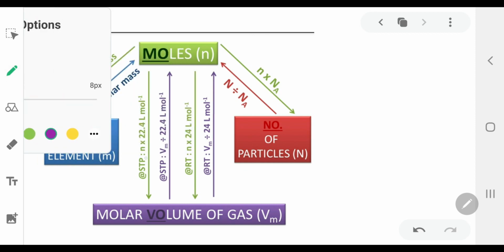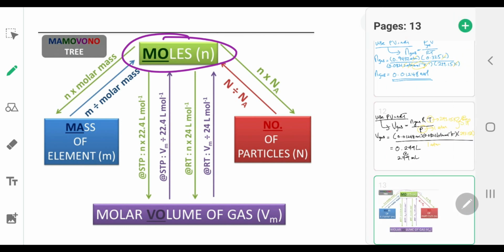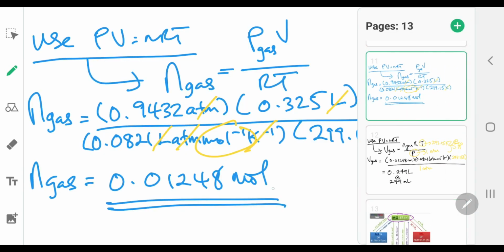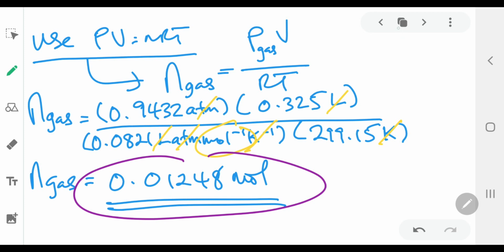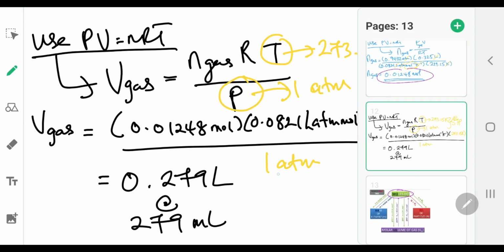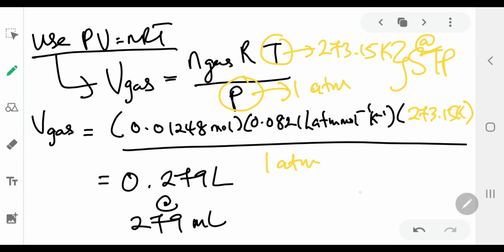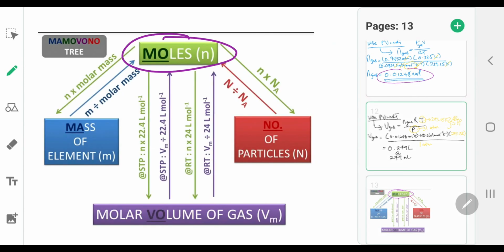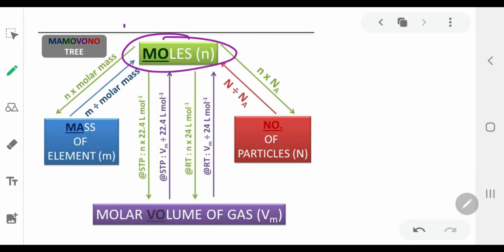When you have found your number of moles, let's say the number of mole is 0.01248 mole, I don't want to use the previous method. Without substituting the values into PV equals nRT again, I can use this because the question wants you to find at STP.